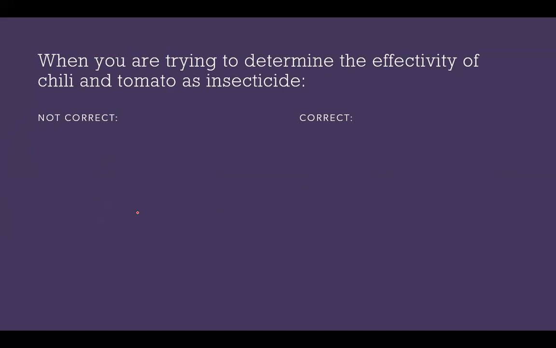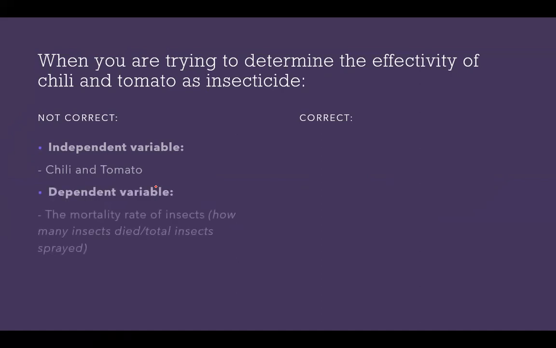Let's say for this example, when you're trying to determine the effectivity of chili and tomato as insecticide, this is similar to some of your studies. Some students put as the independent variable only the material used as insecticide, chili and tomato. And the dependent variable is the mortality rate of insects, which is correct.